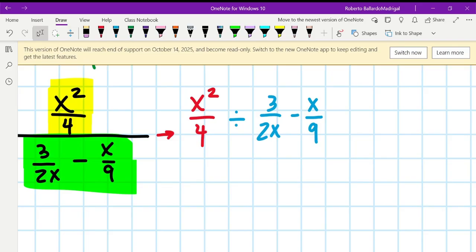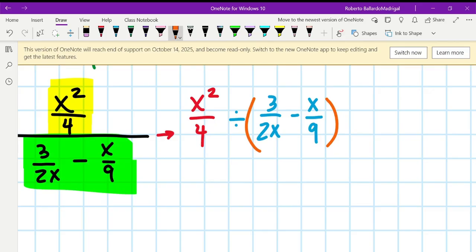So that's where we're going to focus our attention next. Let's combine these together. And for that, we have to refer back to what we learned this last week, which is how do you subtract a set of rational expressions?